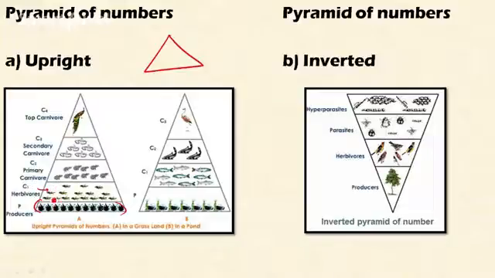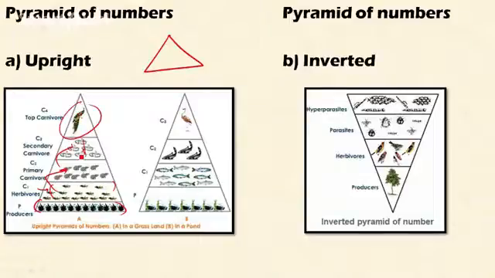The number of grasshoppers is less than the number of grasses. At the next level, the rodents which attack the grasshoppers are still less in number, snakes are still fewer than the rodents, and peacocks are fewer than the snakes.